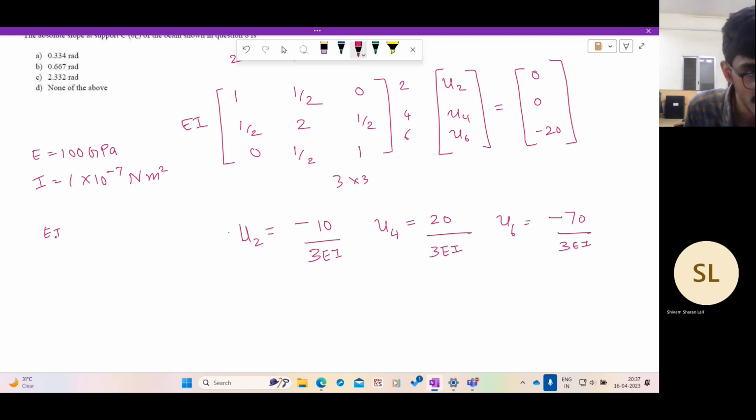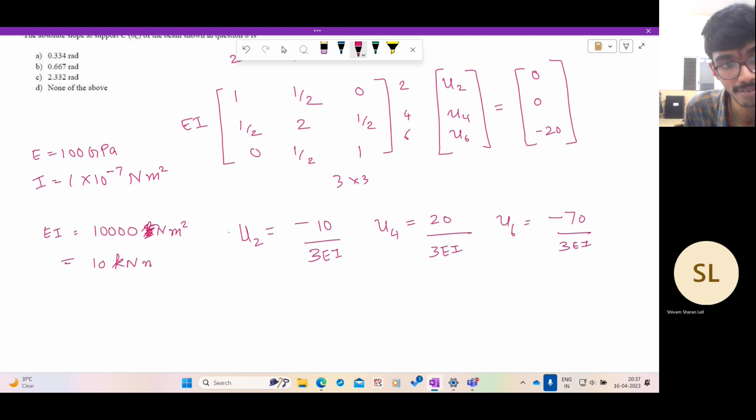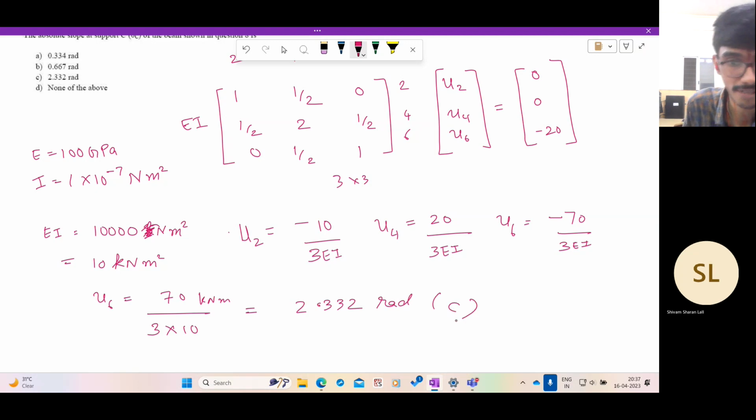So EI is 10,000 Newton meter square, which is nothing but 10 kilonewton meter square. And U6 is nothing but 70 by 3 into 10, so it is nothing but 2.332 radians. And that is option C.